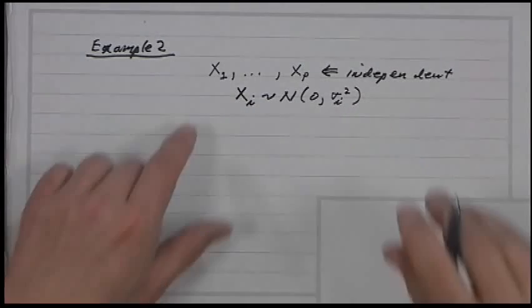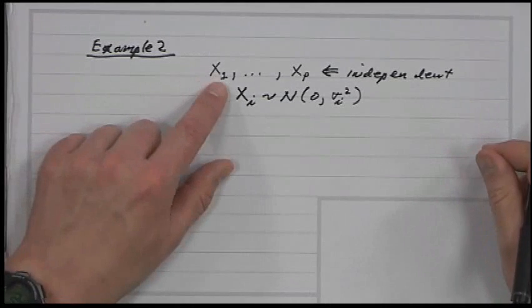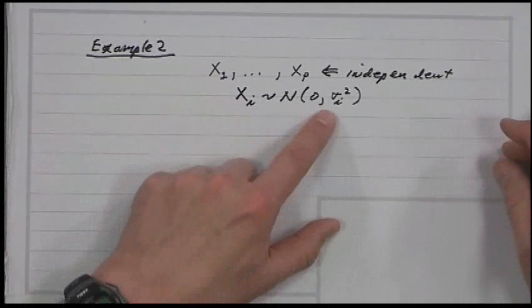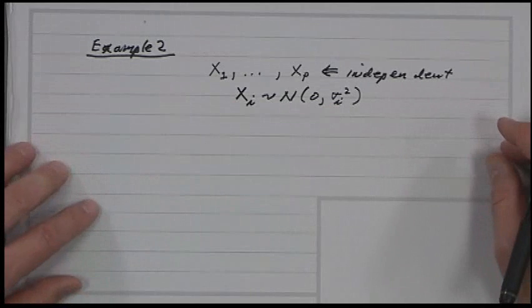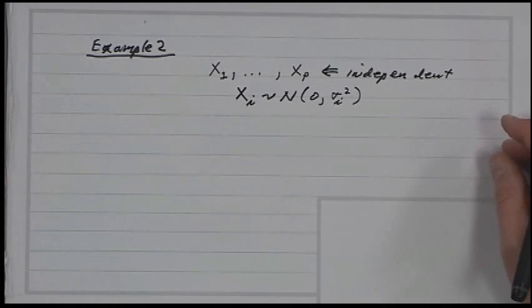So you have a set of independent Gaussian random variables, and each one has variance sigma i squared. Now, it's pretty easy to show because you can show this as a constrained optimization problem.